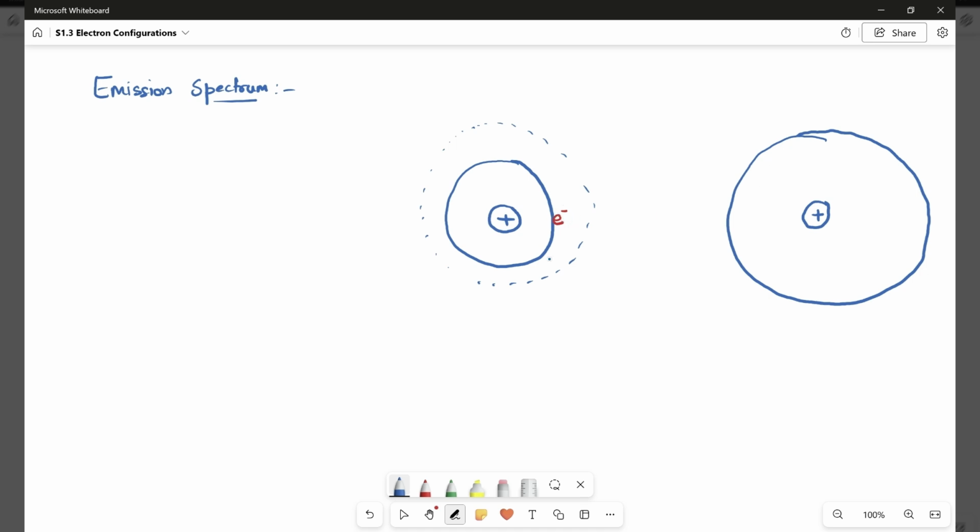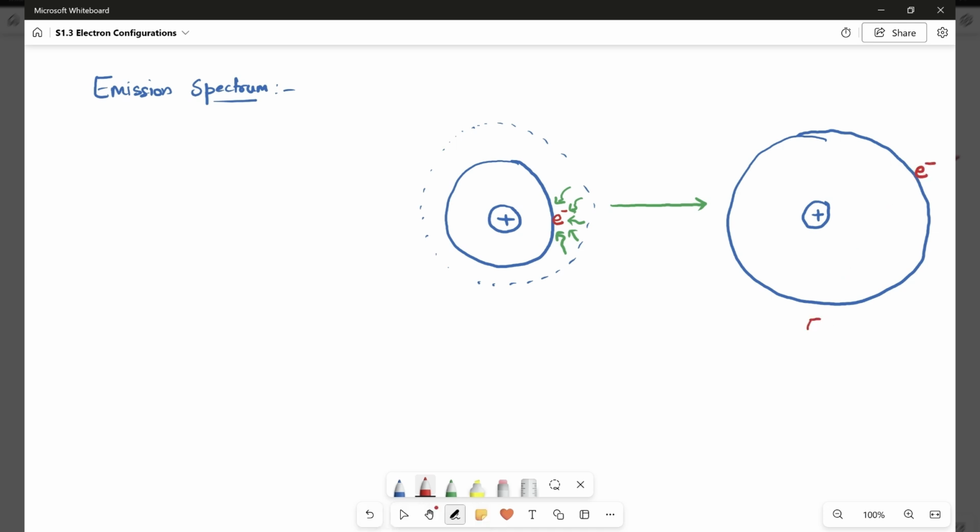Let's say this electron has gained energy from the surrounding; it is absorbing the energy. Once it absorbs, the electron leaves its shell, its energy level, and moves to the next higher level.